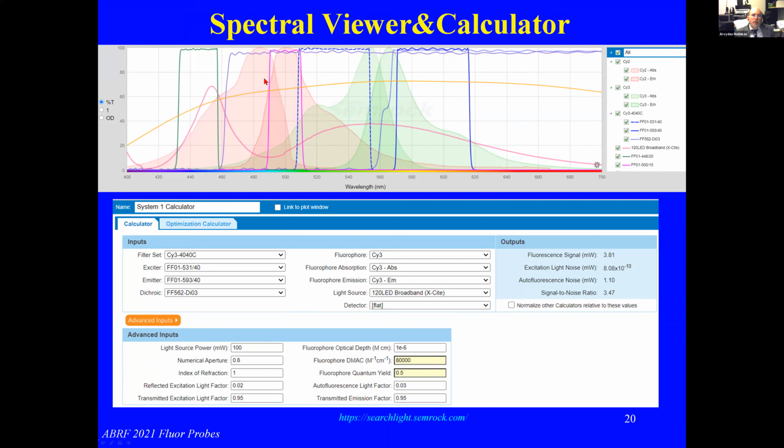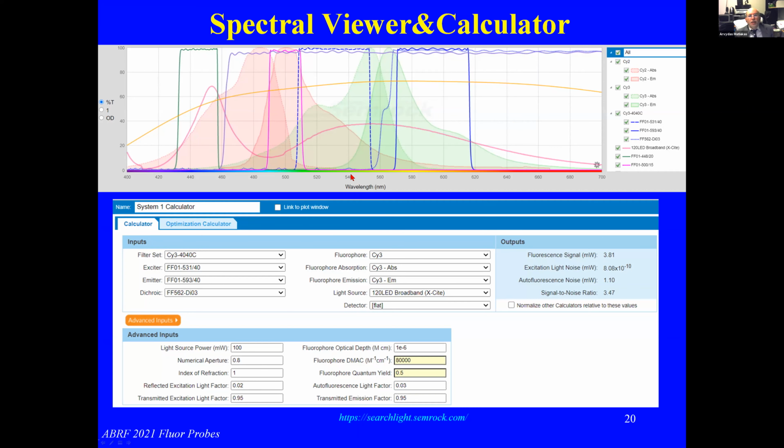We see some partial overlap, and the bandwidths of the excitation spectra, for example, here for site 2 and site 3, are selected so that there is no cross excitation and only a single probe is excited at a time, and the emission bandwidths, this curve and that curve, are selected with no overlap.